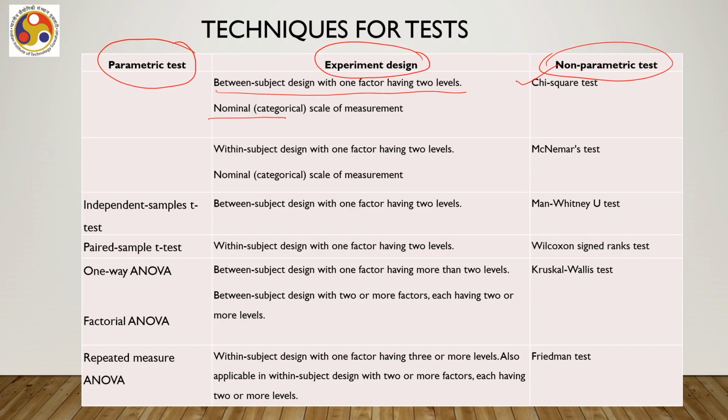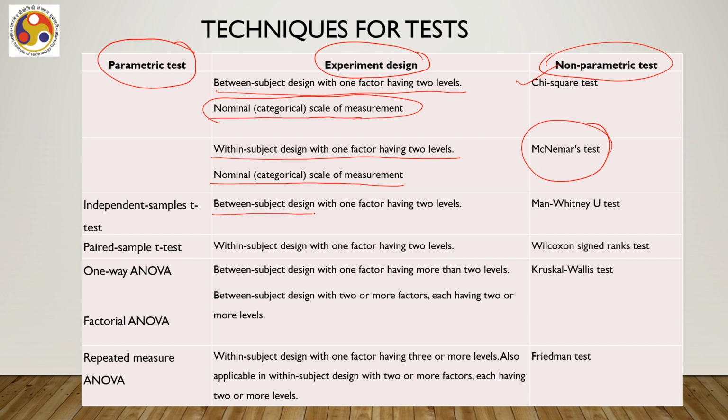If we have a within subject design with one factor having two levels and nominal or categorical scale of measurement, then another non-parametric test is recommended, that is McNemar's test. So, between subject and nominal scale, chi-square test. Within subject and nominal scale, McNemar's test. In both cases, we have one factor with two levels.